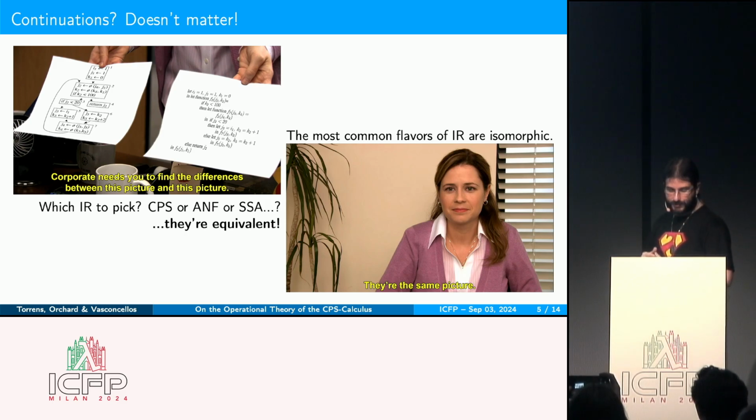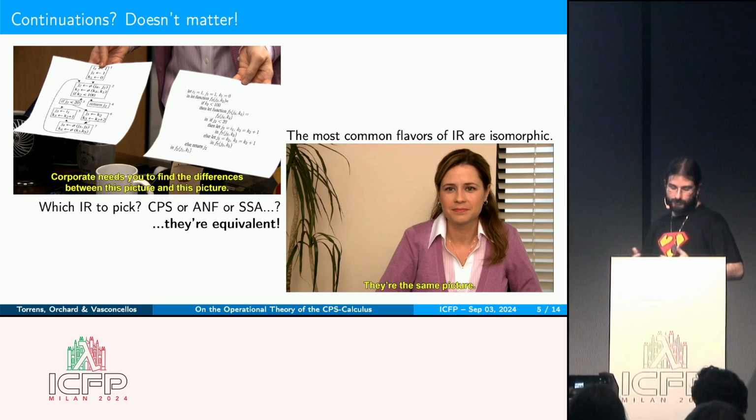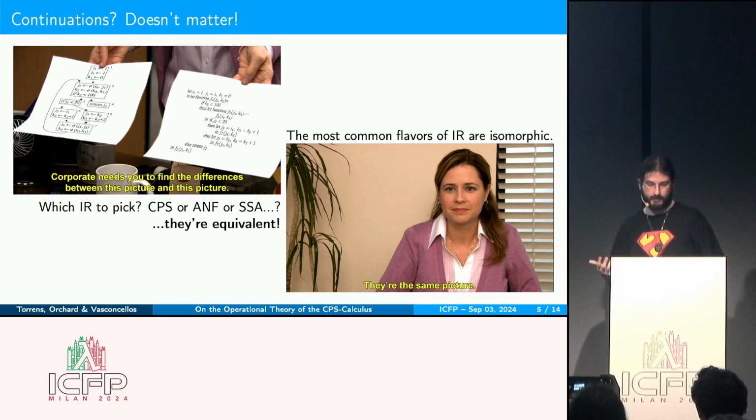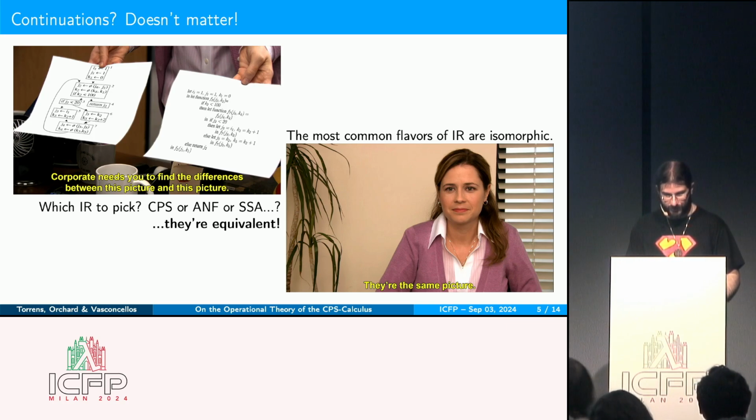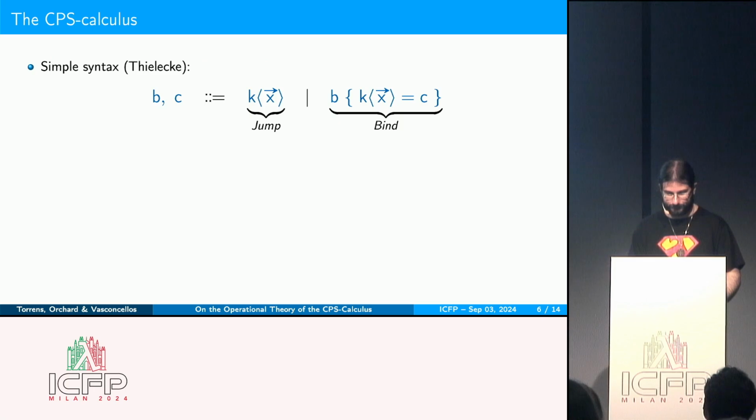It turns out that those are very similar. They are actually isomorphic; to be more precise, their equational theories are equivalent. So it doesn't really matter which one we took as a starting point here. We would get the same result. And for completeness, when we need to use control effects, we chose to use the CPS calculus.